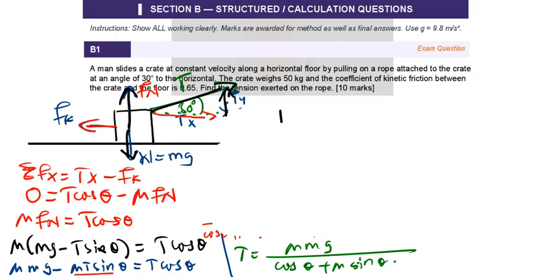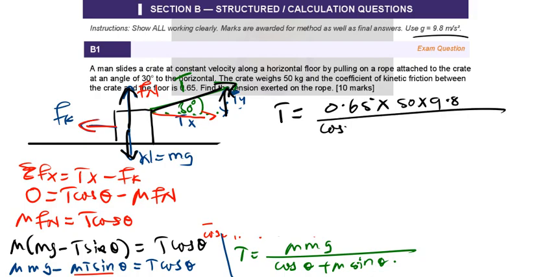So the tension force is equal to the mu value, 0.65, times the mass, 50 kg, times g, which is 9.8. We have been told to use g as 9.8. We divide this by cos 30 degrees plus mu, which is 0.65, times sine 30 degrees.